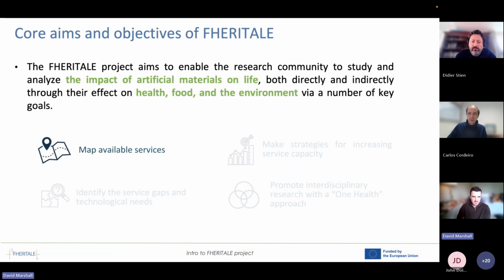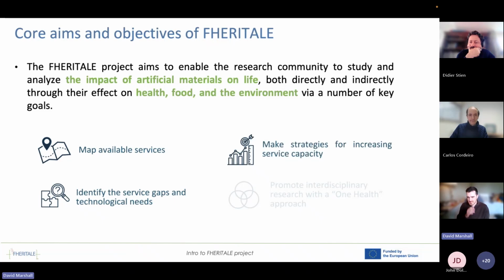And the project aims to address this via a number of key goals. The first of which is mapping the services available through European research infrastructures to researchers seeking to conduct research in this area. And this is something that the project did relatively early on. And as part of this, partners also identified gaps in service provision and key technological needs to researchers within the community as well.